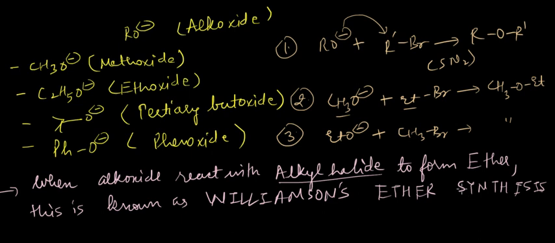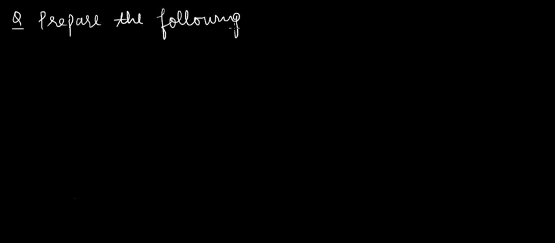Okay, so the next question is, we have to prepare the following compounds with the help of Williamson ether synthesis mechanism. So the question is, prepare the following with Williamson's ether synthesis.